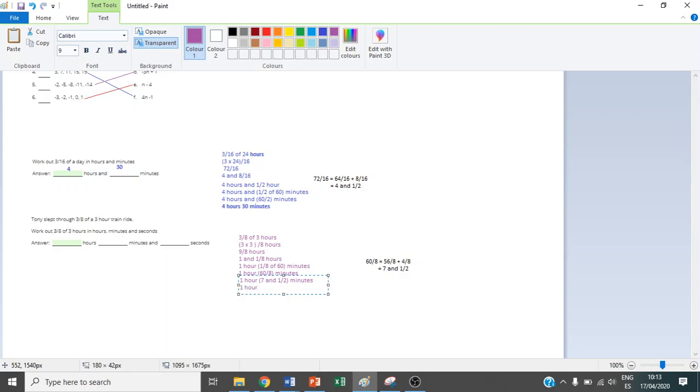1 hour, 7 minutes, and half of a minute is half of 60 seconds. And half of 60, we've done it before. We can just go ahead and half 60, or we can say that 60 times 1/2 is 60 over 2, so 60 divided by 2.